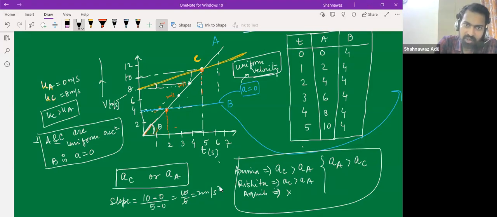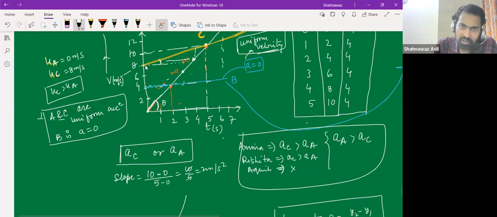And for the case of this one, this is the slope of C. This is 10 minus how much? From here to here, right? And from here to here.